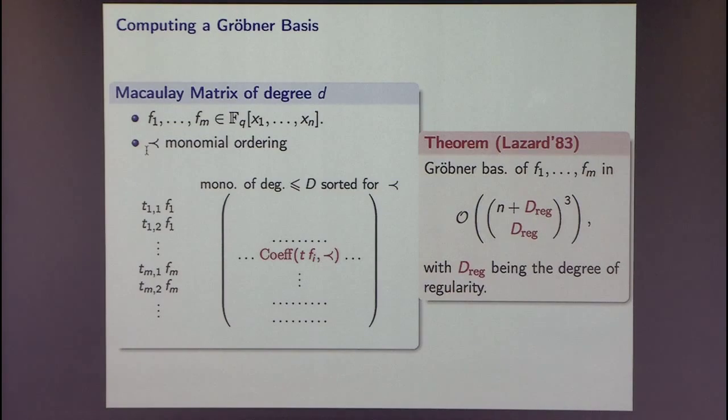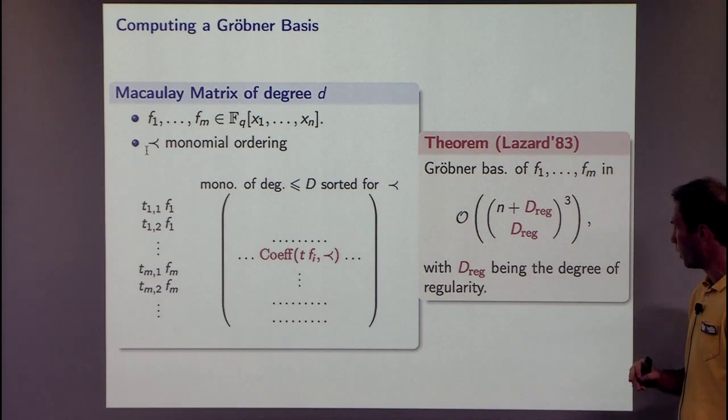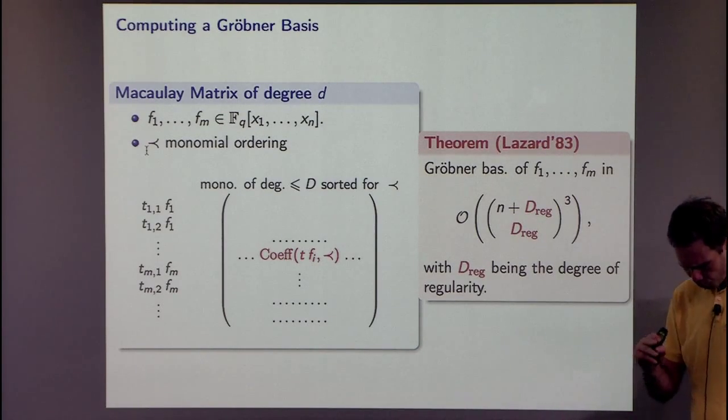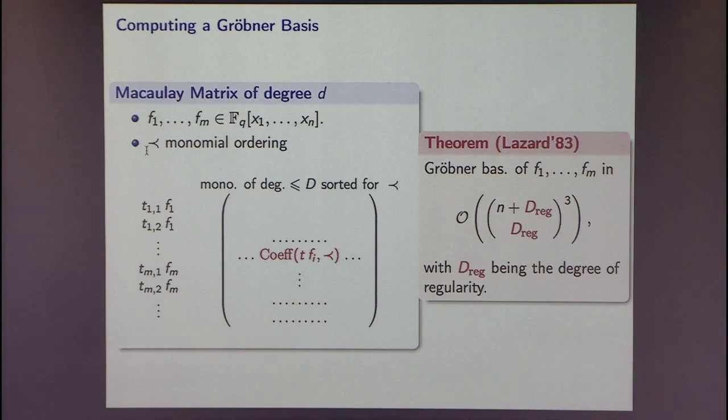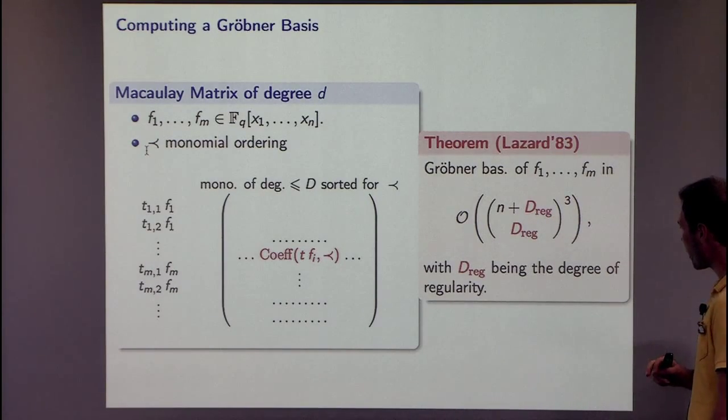So the cost of computing the Gröbner basis is going to be exponential in this degree of regularity. In this talk, I assume that the variety and the ideal that I'm considering are zero-dimensional, so I have a finite number of solutions. So you have this simple expression for the complexity, and now the question is, how big is this degree of regularity?